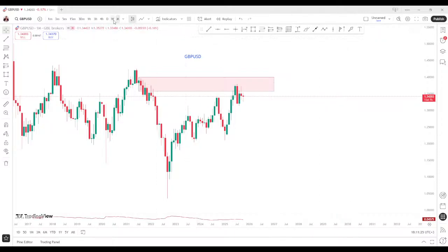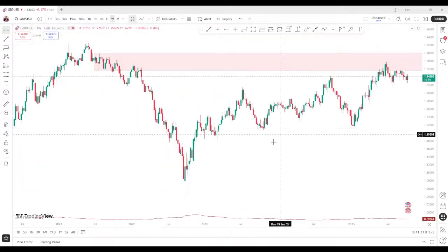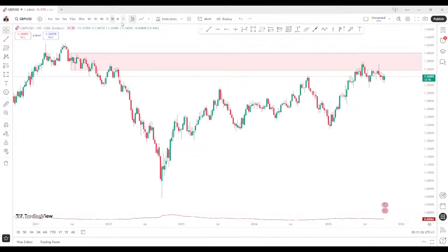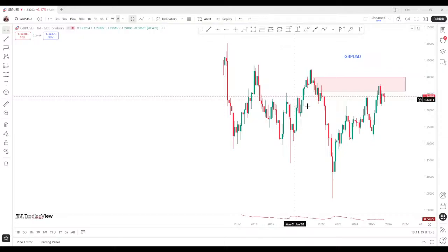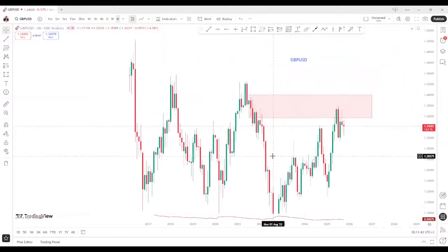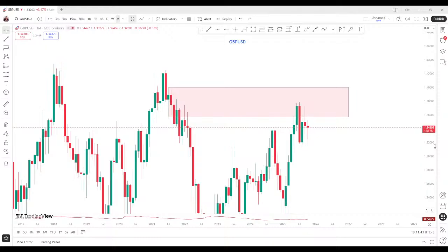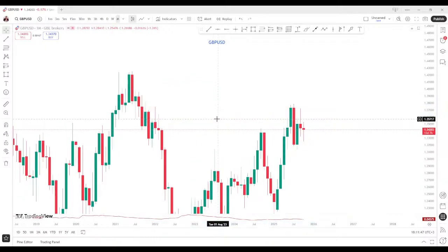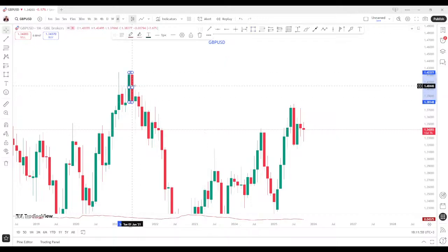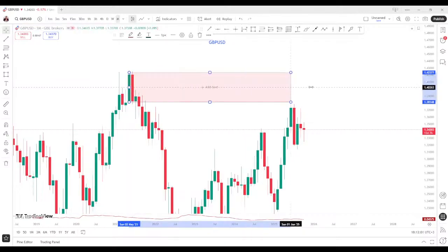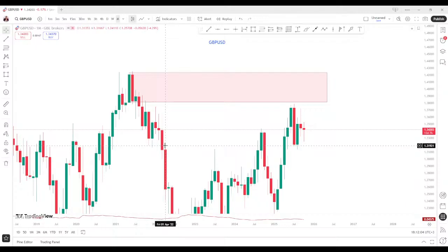So can we go to the weekly now? We will still talk about mitigation. Actually, when you come to the monthly time frame, I want you to look at this, because this is what we also call order flow. Okay, so this is the order block that caused the sale. This order block here, the green candle before this move.